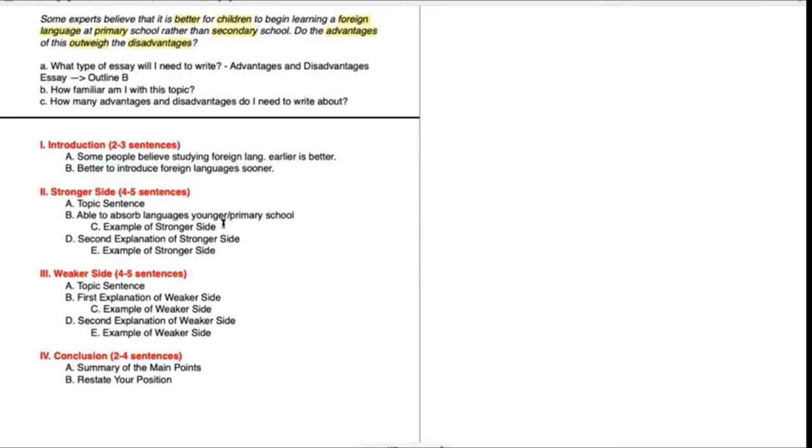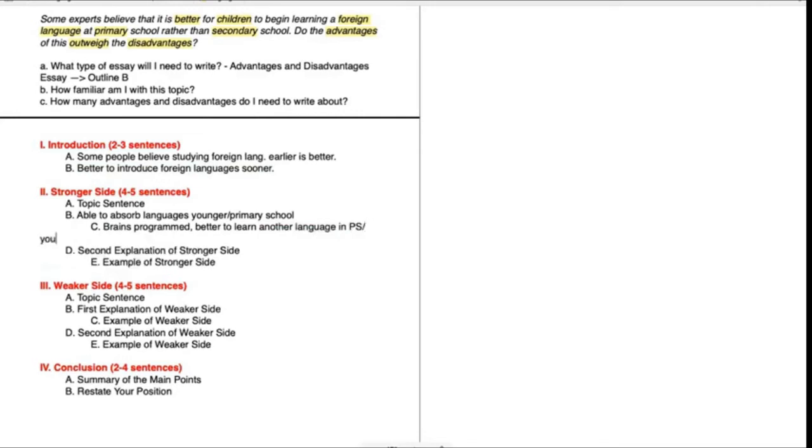And as an example, I'm going to say that children's brains are programmed and it's better to learn another language in primary school when they are young. So notice how I'm using abbreviations here. I'm going to, of course, elaborate more on this in our writing on the right-hand side.